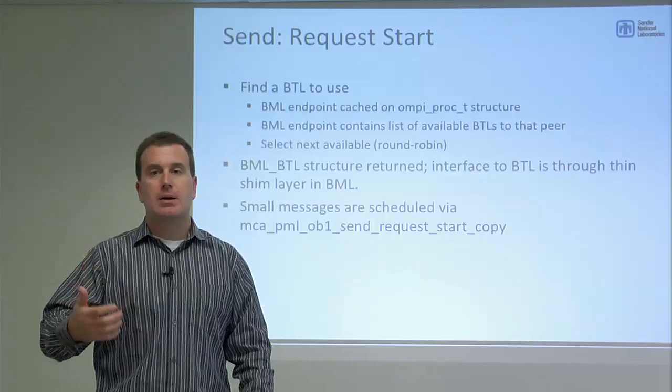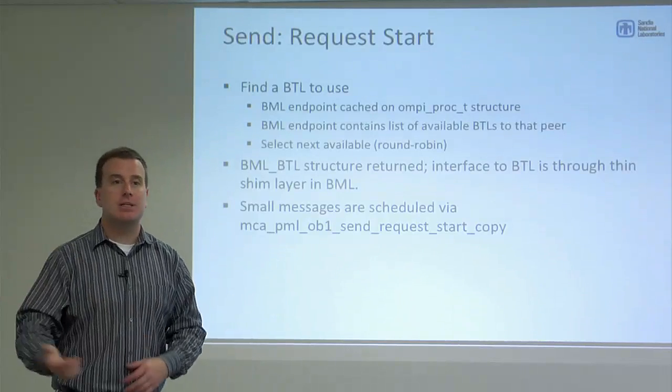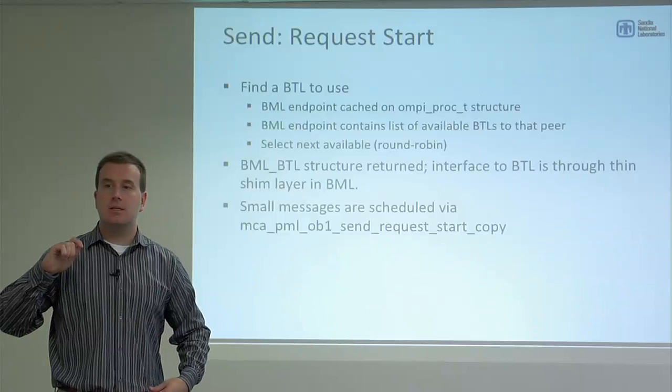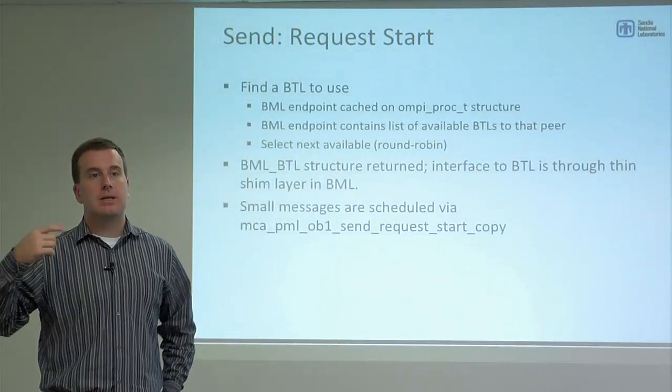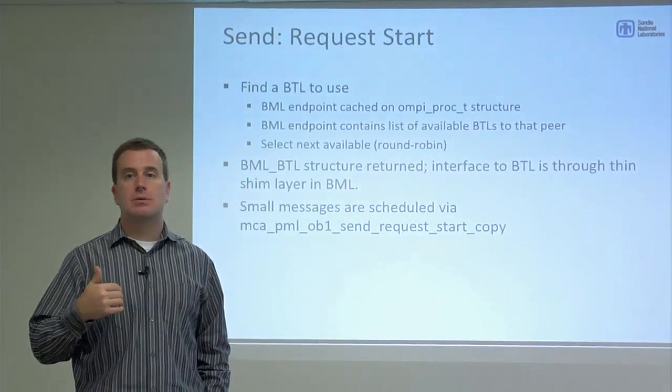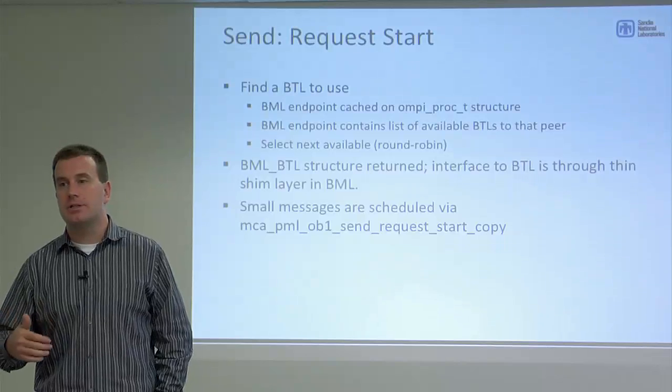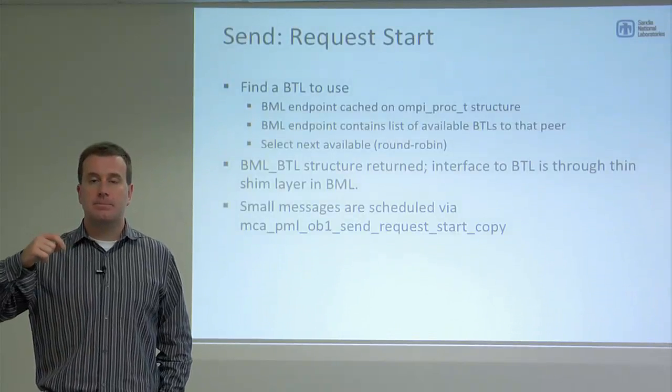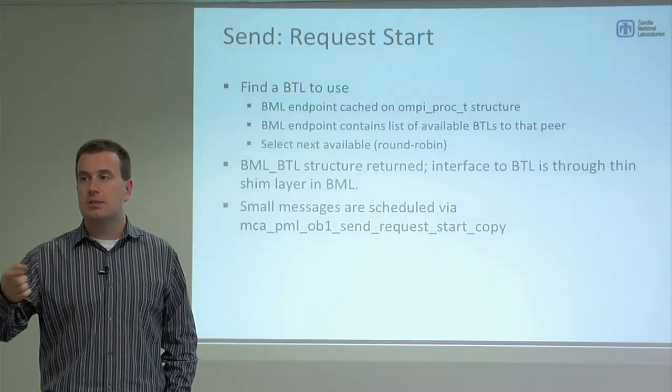So from the OB1 PML level, everything's non-blocking. So the idea is, you enter, you do as much as you can locally, and as soon as you have to talk to a remote host or do a long-lived operation, you return control to the upper layer.